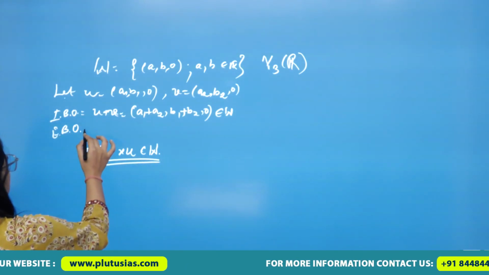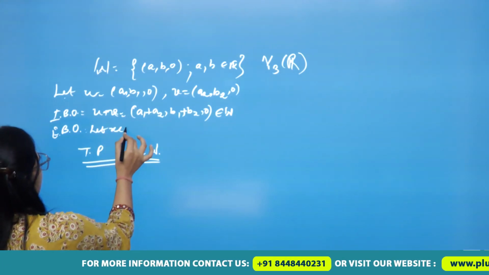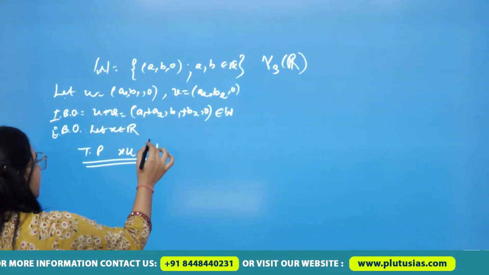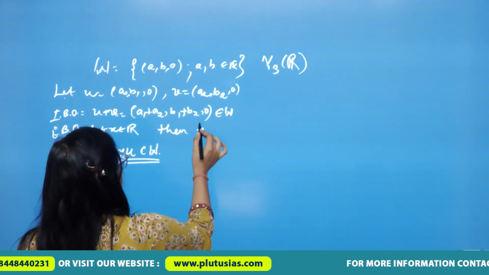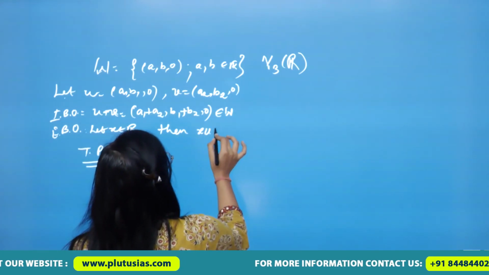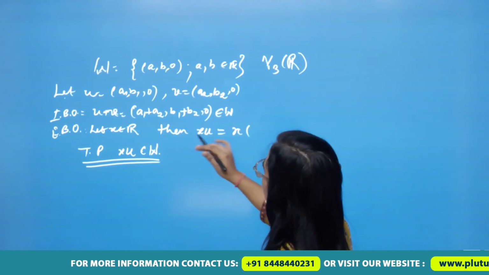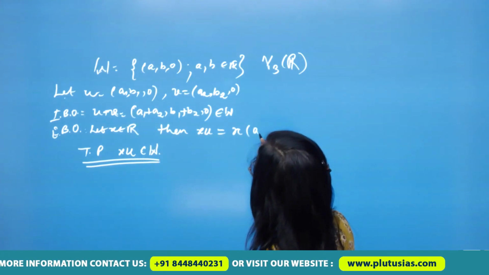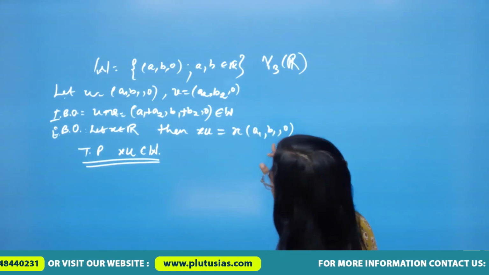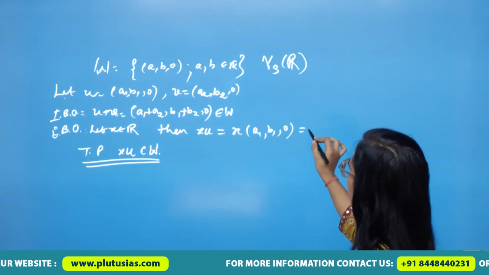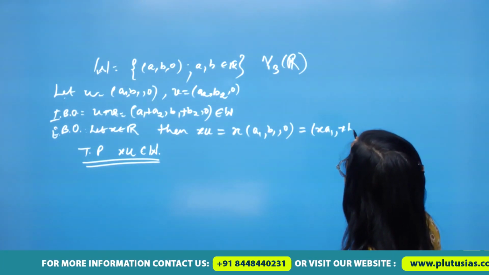So we have taken x, let x belong to R, then x into u. We have x into u, with x outside and u as (a1, b1, 0). x would be multiplied inside and it would be (x a1, x b1, 0).